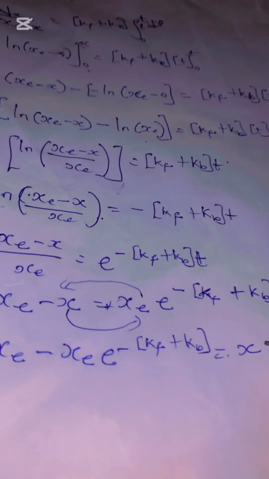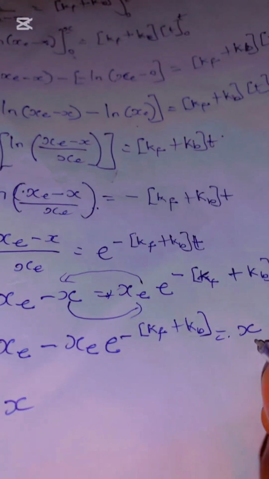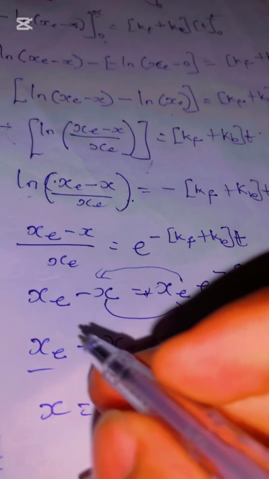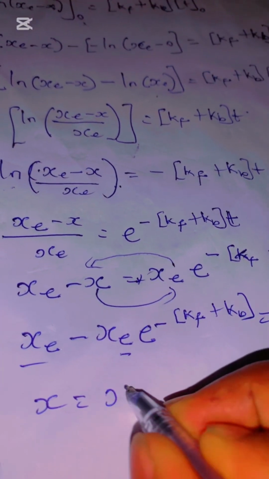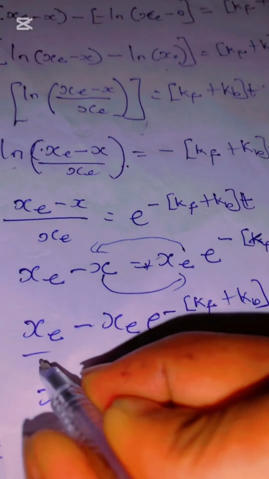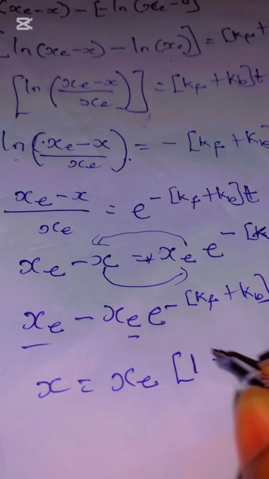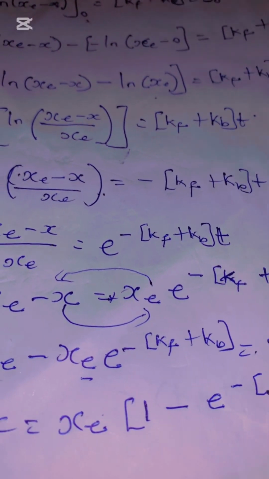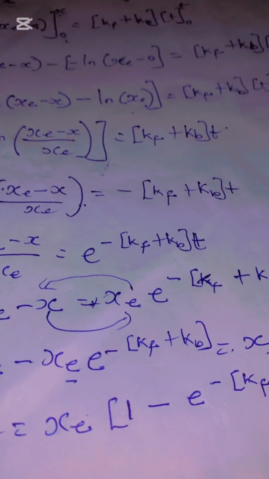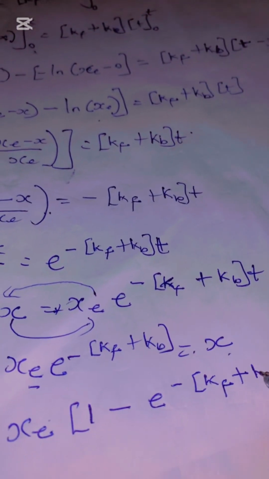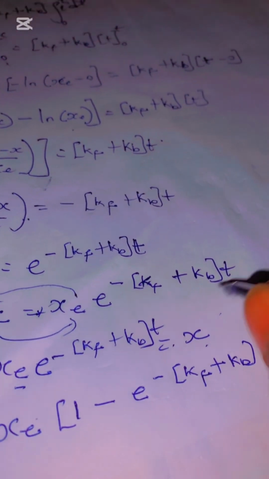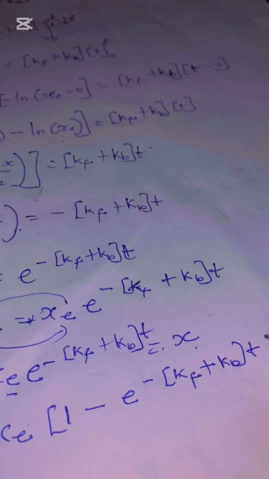So then I can actually see my x, that is this x I wrote here, is equal to this x, I can factorize it out. I have my xe, open bracket, here what will be remaining is 1, and then I have this minus, and then we have e raised to power, then we have open bracket kf plus kb, we have t here, this t, so we have close your bracket, your t.